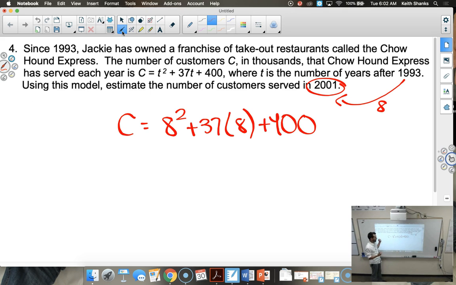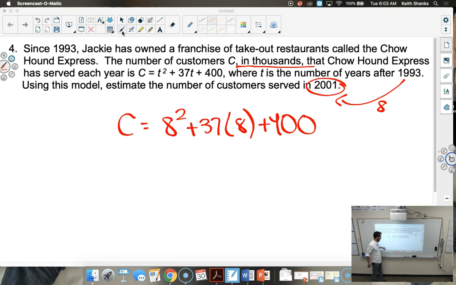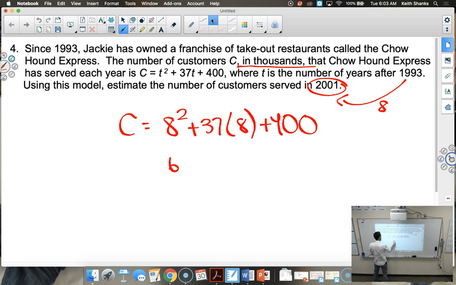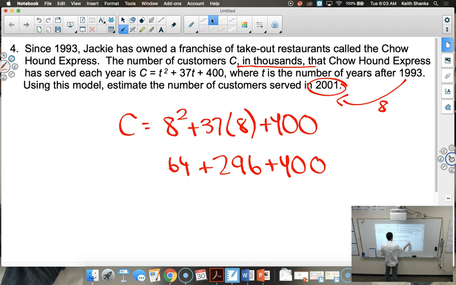Now you're going to get your answer really quick. I just want to make sure this is in thousands, so you have to make sure that your answer is written in thousands. As I do this, you have 64 plus 296 plus 400. We make sure that's a 4. Sorry about that.